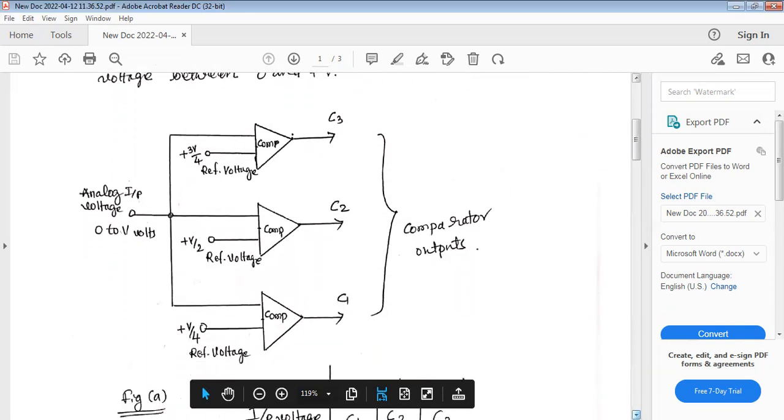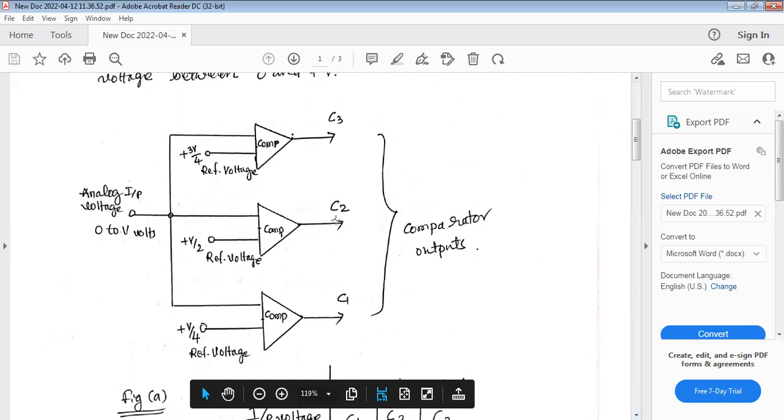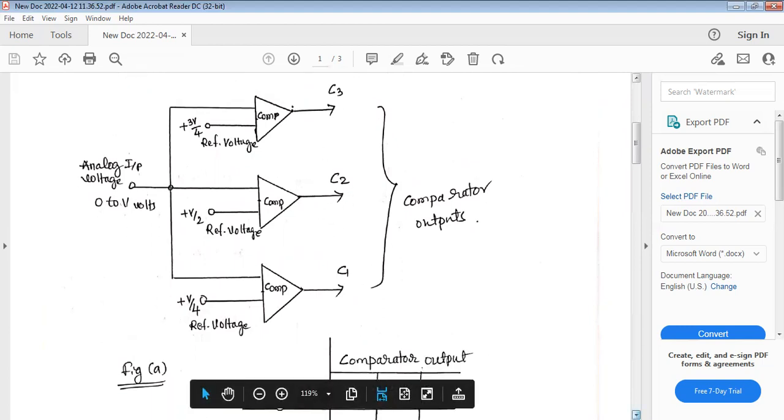So this is the comparator circuit, the half of the complete converter circuit. Here we have shown only the comparators and how they are connected. We get the outputs from these three comparators, and they are further given to the next level of circuit.